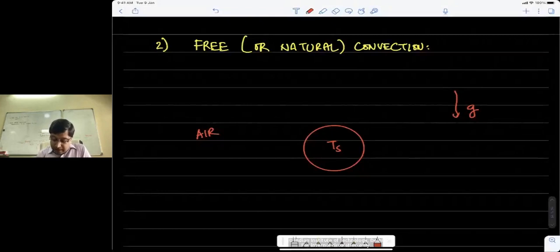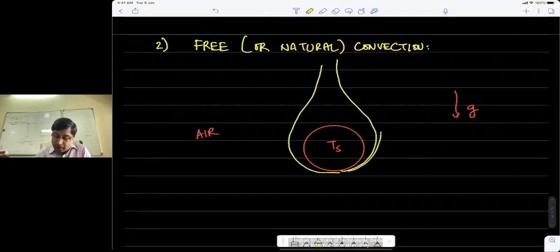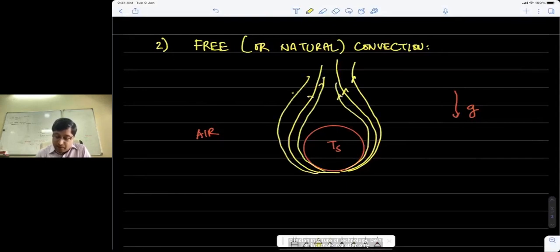So we will have some currents, and we'll have the formation of a plume from the surface of the solid. So we'll have air rising up. That would be the flow that will be established.